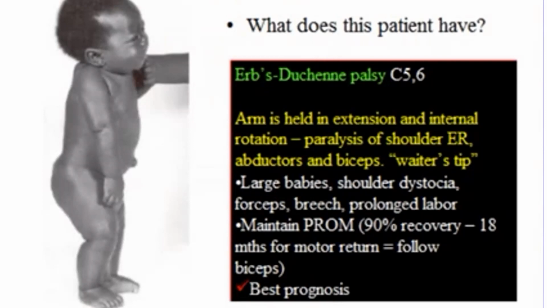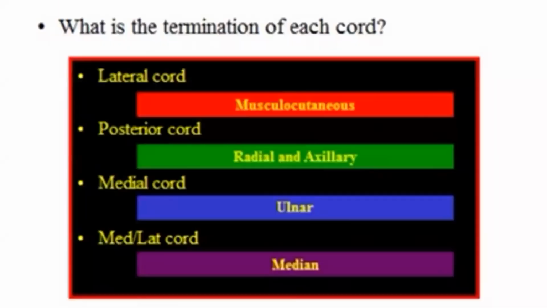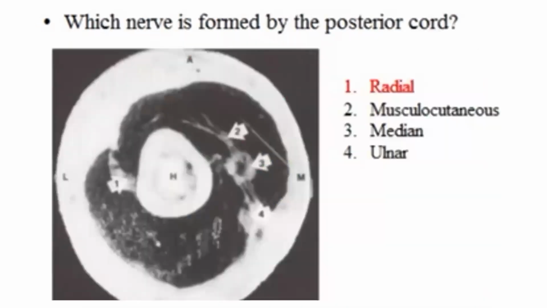This occurs from shoulder dystocia during delivery. What is the termination of each cord? You have to know. This is just to let you know that you should know what is the nerve supply.